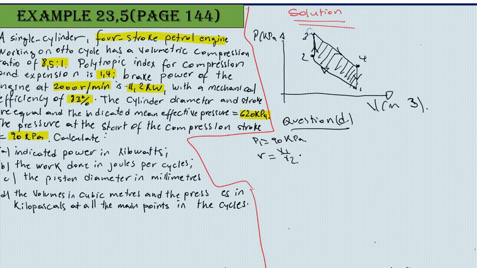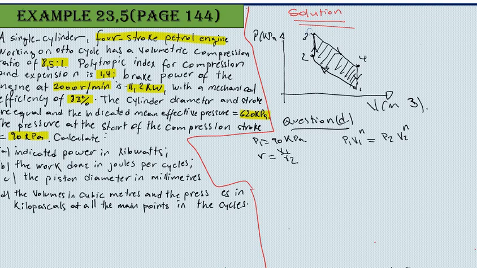To get P2, I'm going to use the polytropic expression of this process. I need to use the relation that combines the pressure and the volume. So P1 V1 to the power of n is equal to P2 V2 to the power of n. Now I can write V1 and V2 in terms of the compression ratio, so I can determine P2.